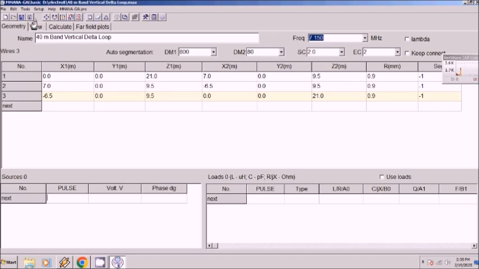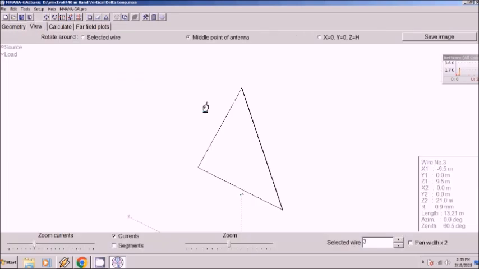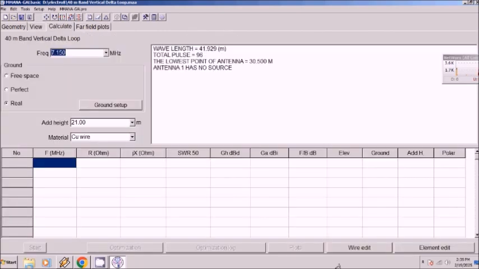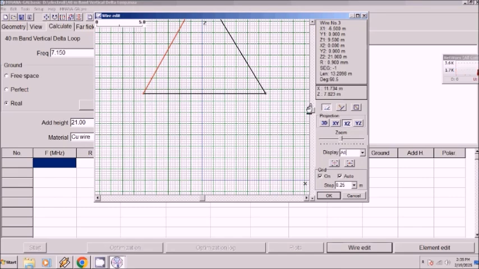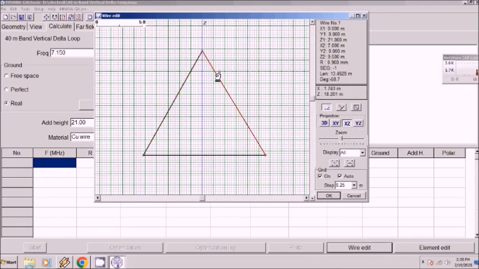The pulse is going to be placed here at the feed point, this is wire 1, at the beginning of wire 1.